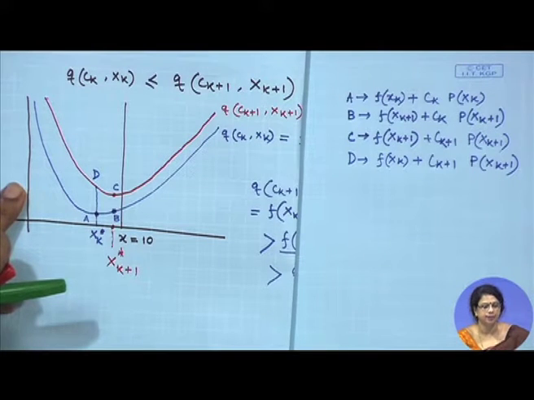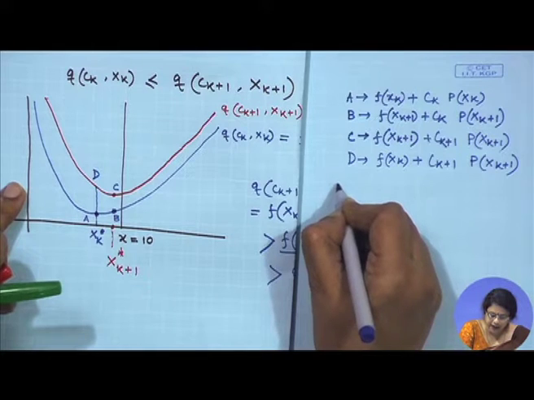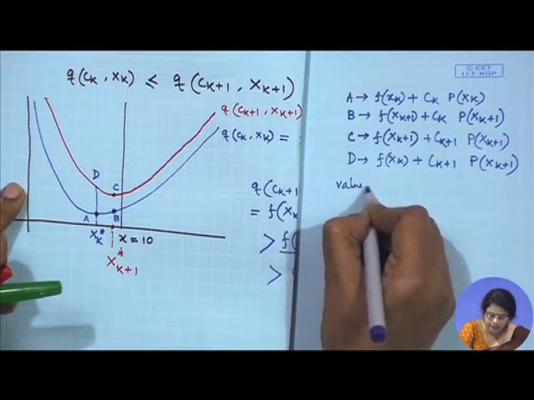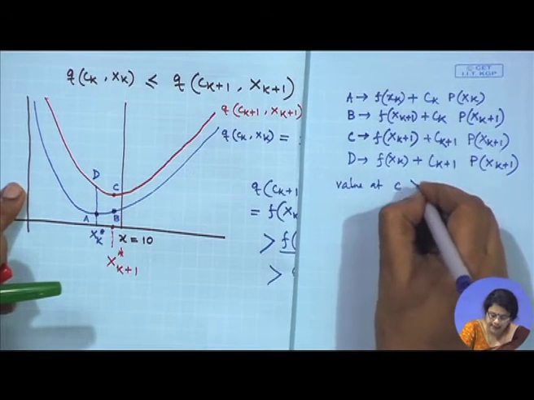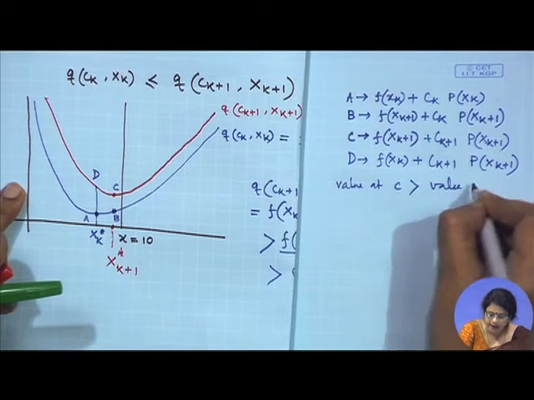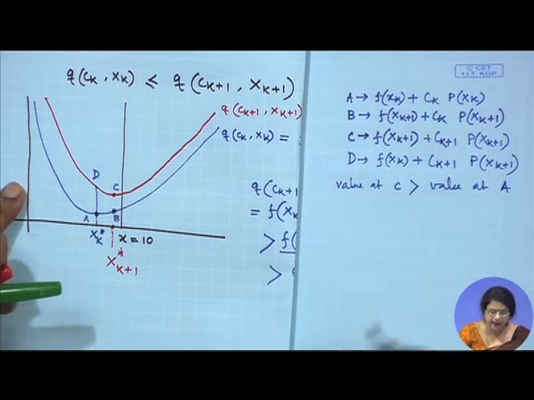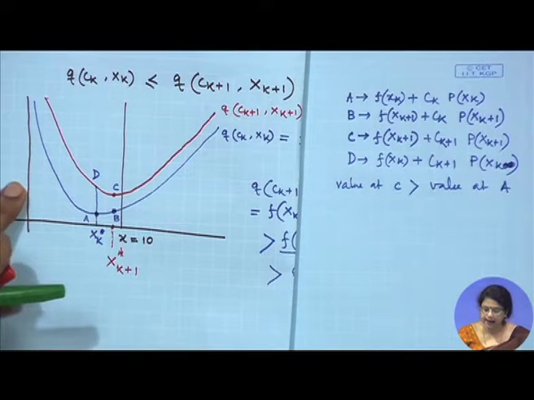Alright. Now, one thing is that value at C is higher than the value at A. There is no doubt about it. See, this is p(x_k) at point x_k. All right.